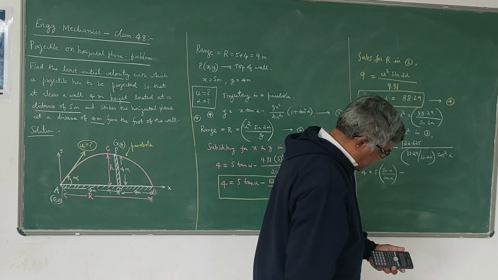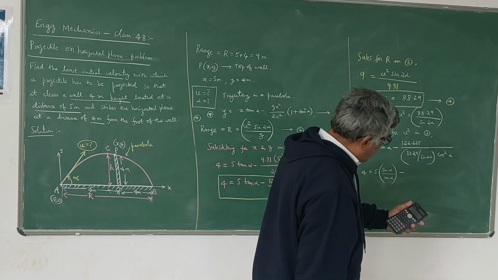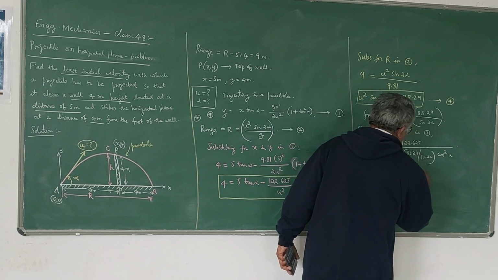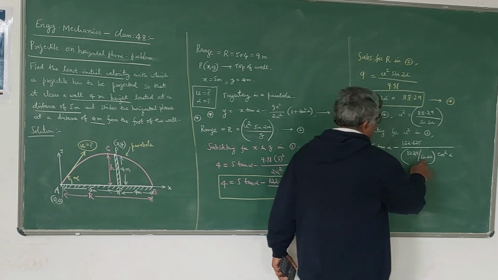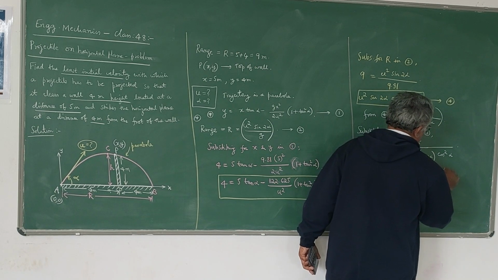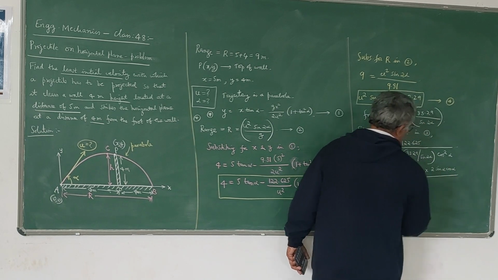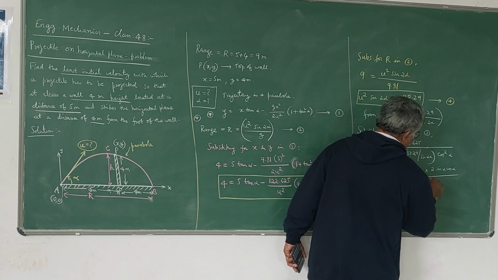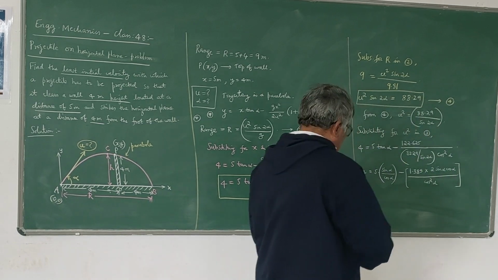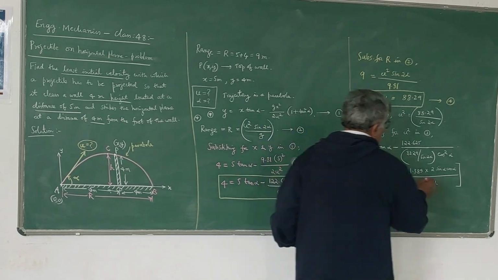The constant will be 1.389. So this sin 2 alpha goes to the numerator, which can be written as 2 sin alpha cos alpha divided by this cos square alpha. Now let us see how it can be simplified. One cos alpha gets cancelled here.